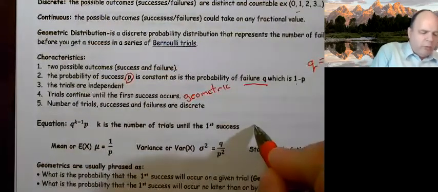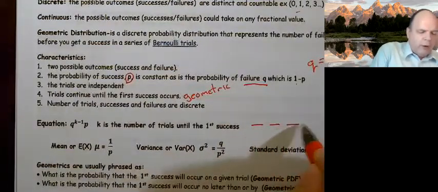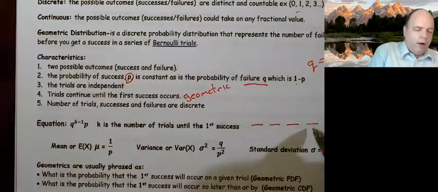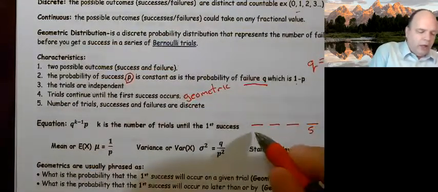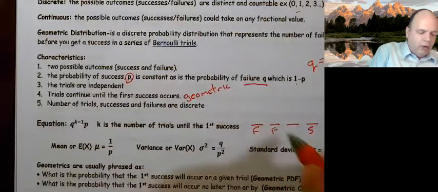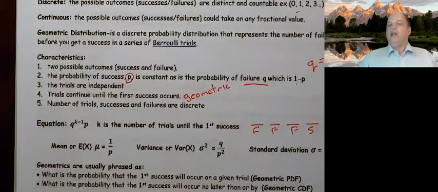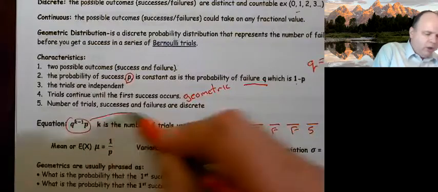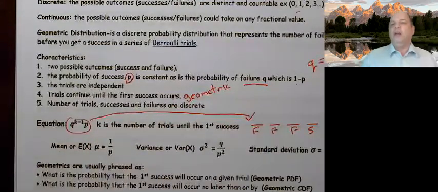We would make blanks. If I wanted my first success to occur on the fourth one, this would be a success, and these would be fail, fail, fail. All right, so basically, this is just the formula for the blanks.